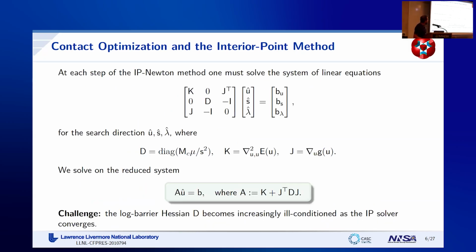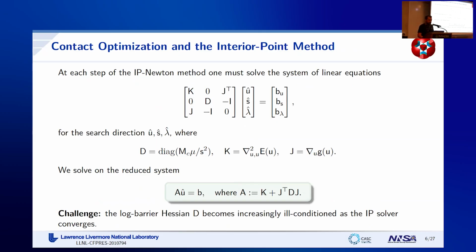So in practice, at every optimization step, you have to solve this 3x3 system. U is a displacement, S is a slack variable, lambda is a Lagrange multiplier. And if you reduce the system only on displacement, you will end up with a system that looks like this.